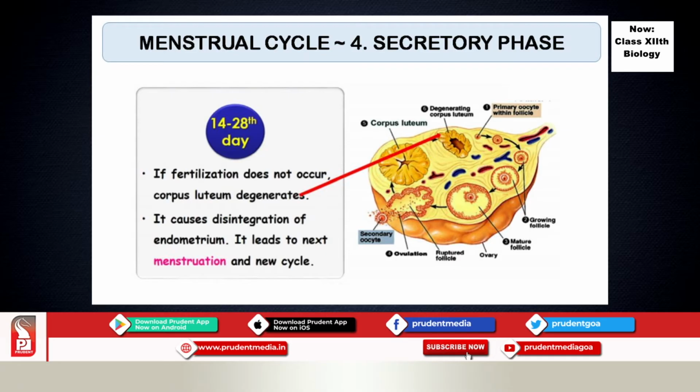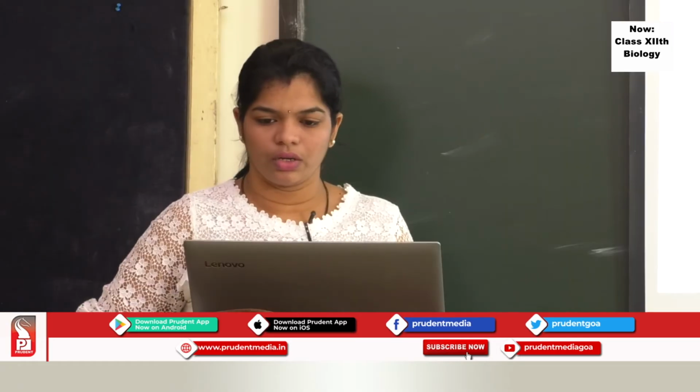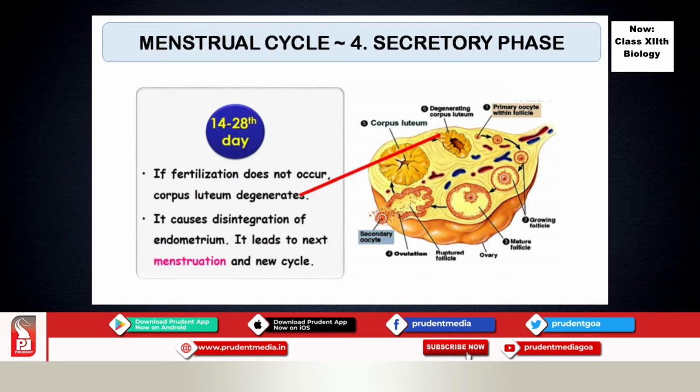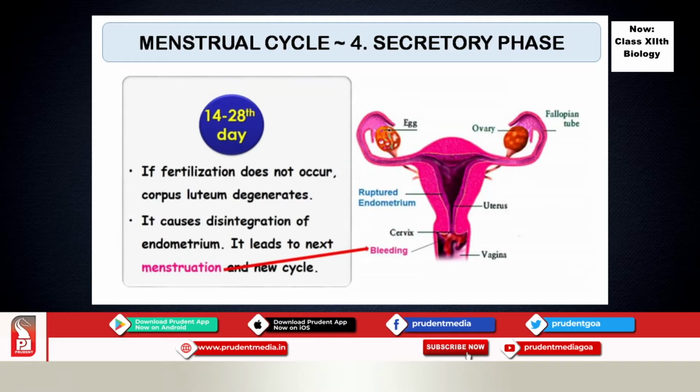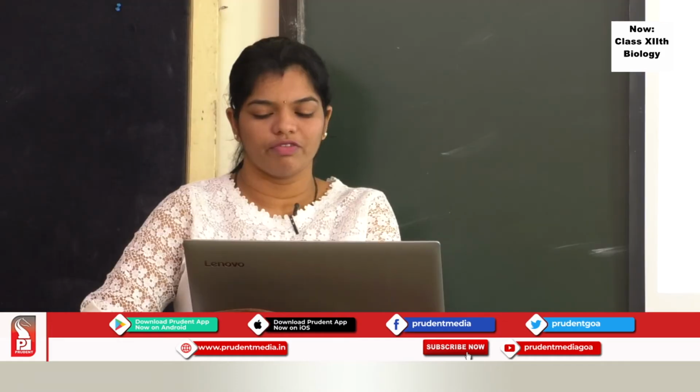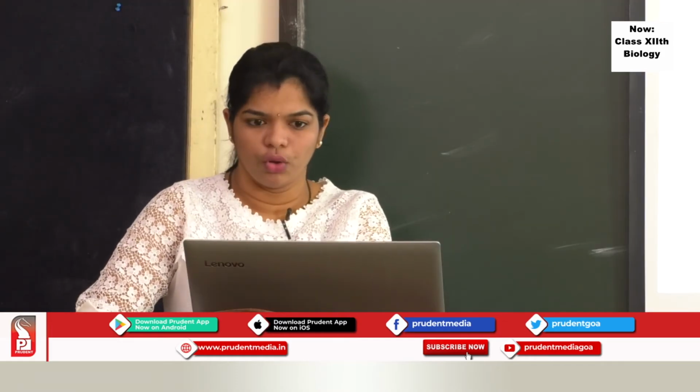Now there is no fertilization, so the corpus luteum will disintegrate and lead to the next menstruation. The cycle will repeat from phase 1 again and menses will start. You can see here how the corpus luteum is disintegrating, and again the menstruation will begin with the menstrual flow.